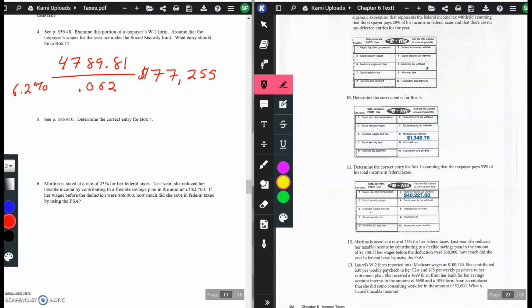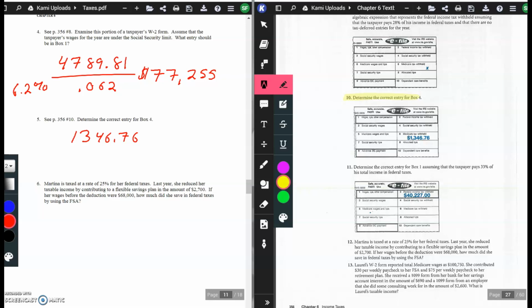Number 5 says, look at page 356, number 10. Okay, here is number 10. This is a W-2 again right here off to the side. This is your W-2. It's giving you Medicare tax withheld. All right, so we're looking for our total wages given our Medicare tax. So $1,346.76. And again, we're working backwards trying to find our wages.